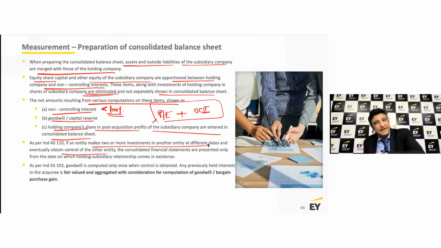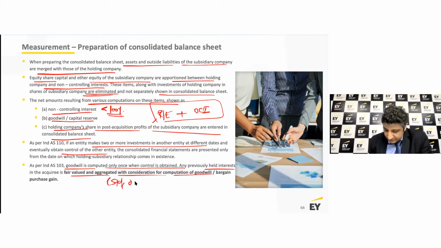It's only when it has become 80%, when you have a controlling stake, that you consolidate. How we do the accounting of those is something we deal with under step acquisition. As we said before, goodwill is only computed once control is obtained, and any previously held interest, in the case of step acquisition, is fair valued and the goodwill would be calculated on the date of control.